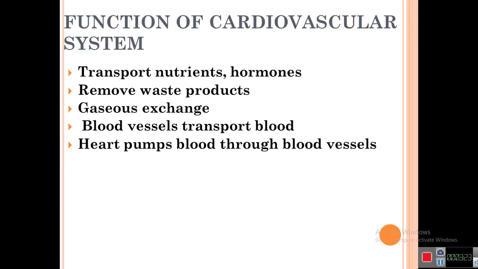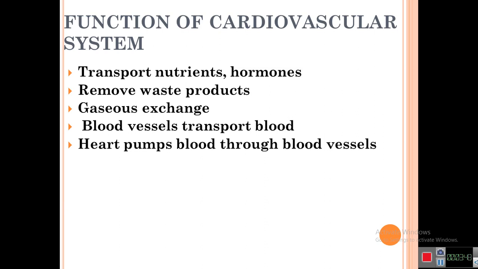So what are the functions of the cardiovascular system in a nutshell? The human circulatory system transports nutrients, minerals and hormones to all body parts for nourishment, and in return carries waste products for removal.